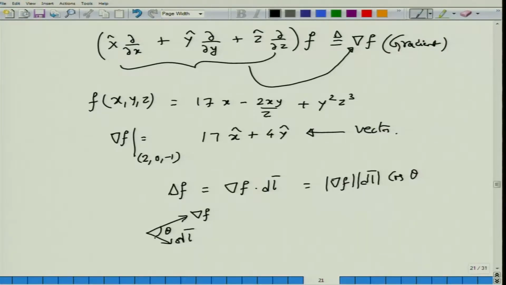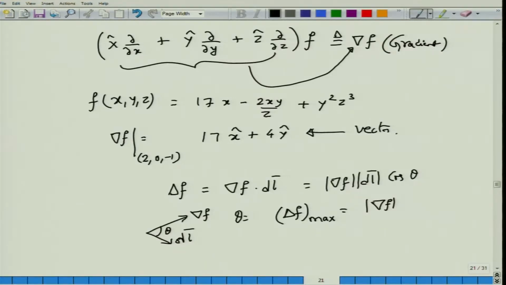If you move along the direction of del f, cos theta will be equal to 1, and what you obtain will be the maximum change. So the function undergoes maximum change if you move along the direction of the gradient, for which cos theta is equal to 1.